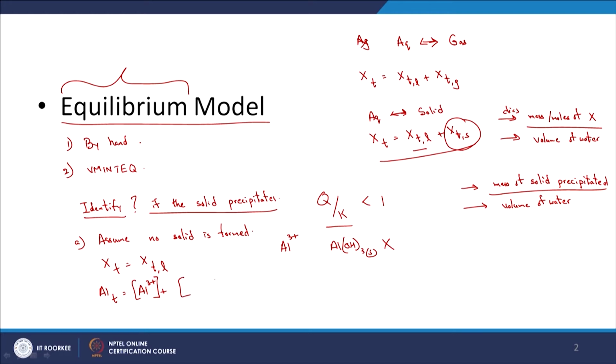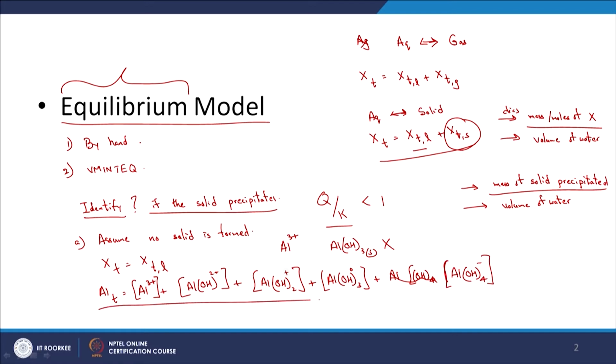This is just the component balance, plus AlOH2+, I am just listing the complexes here, plus Al(OH)2+, plus Al(OH)3 with 0 charge, this is still a complex, plus Al(OH)4 with a negative charge, the concentration here. I am going to solve for this the usual way, this is more or less just your aqueous complexes.